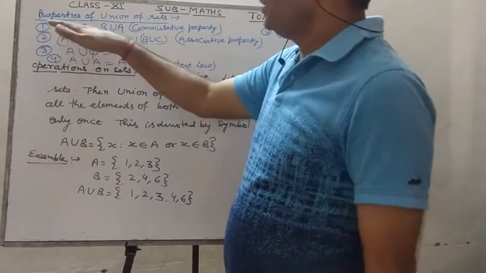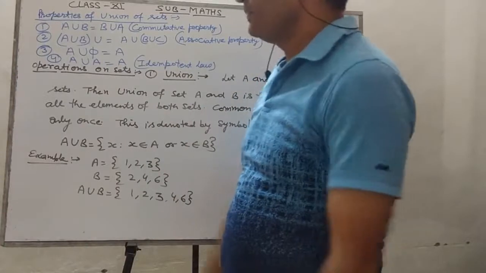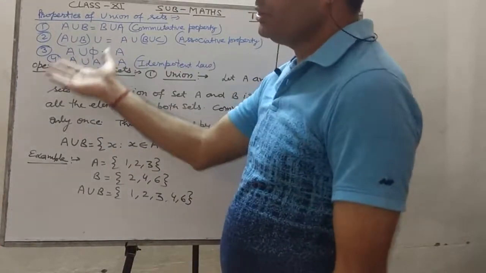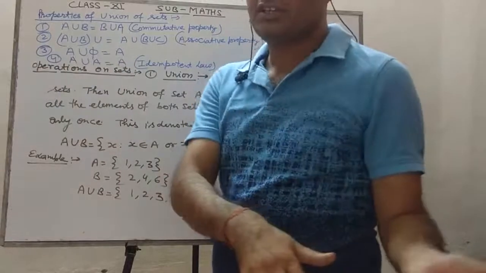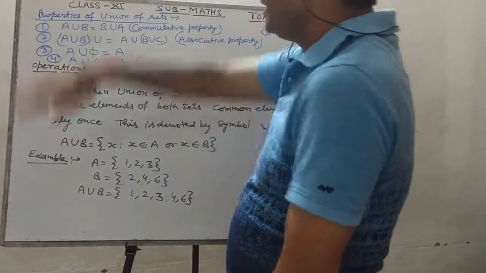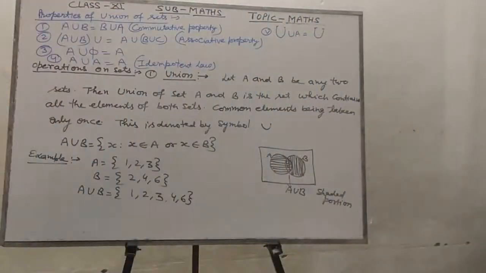Whether we find A union B or B union A, both are the same. When three sets are given, either we find A union B and then the union with C, or first find the union of B and C, then take the union with A. Both are the same. So these are the properties for the union of sets.